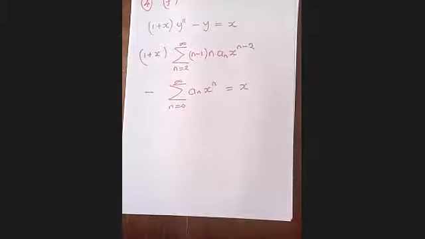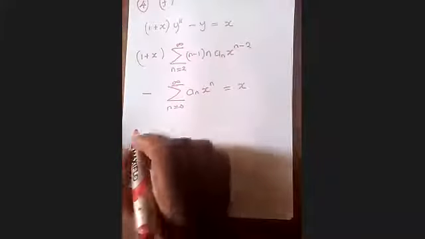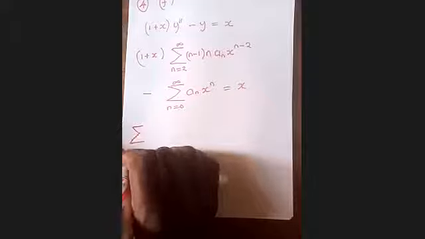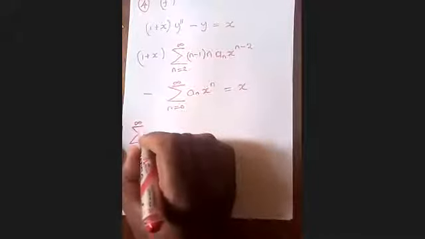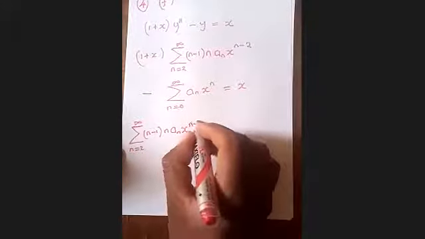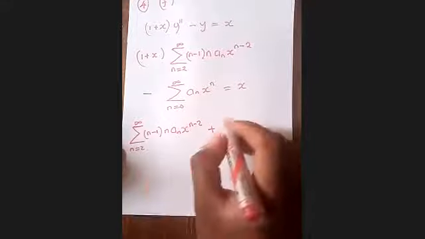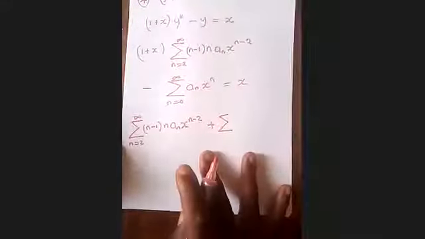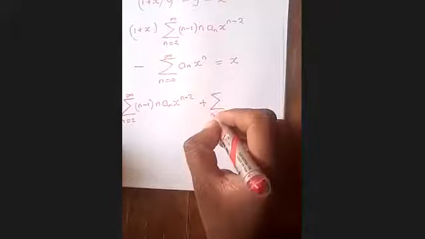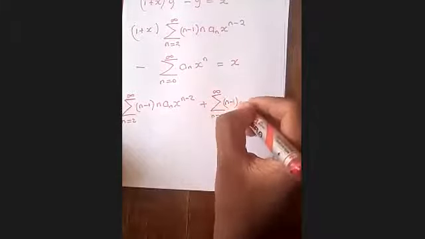Okay. So we can open the brackets so that this becomes summation n is equal to 2 up to infinity, (n minus 1) n x to the n minus 2, plus summation n is equal to 2 to infinity (n minus 1) n.